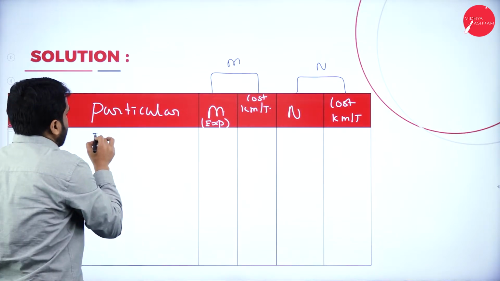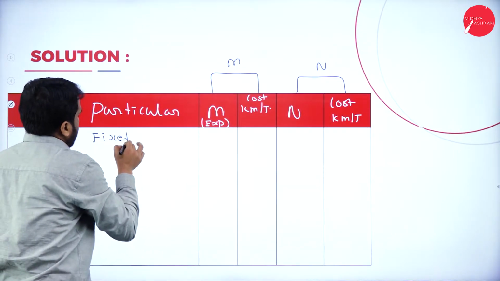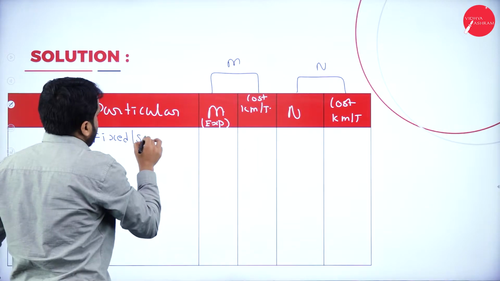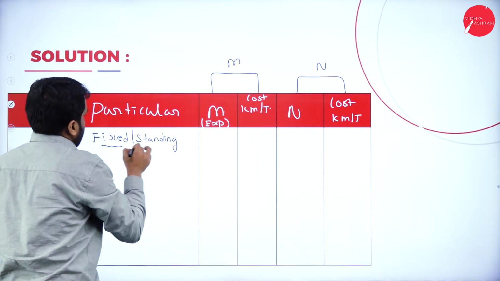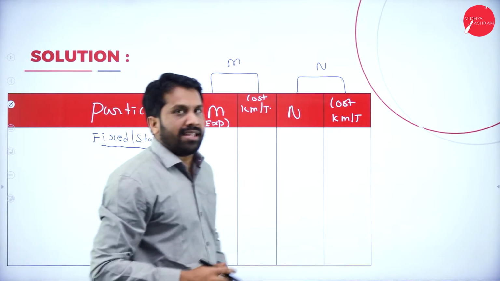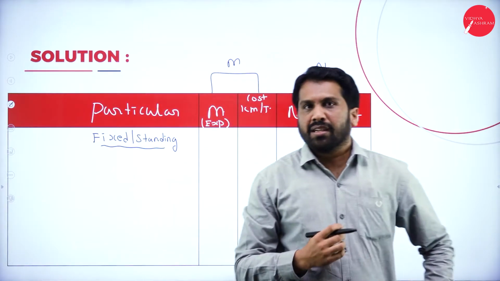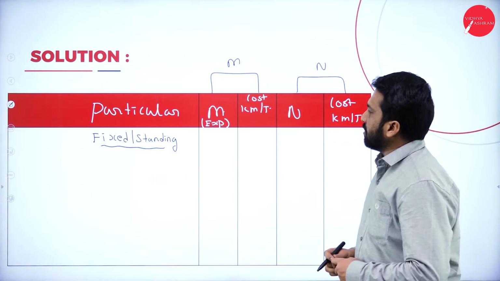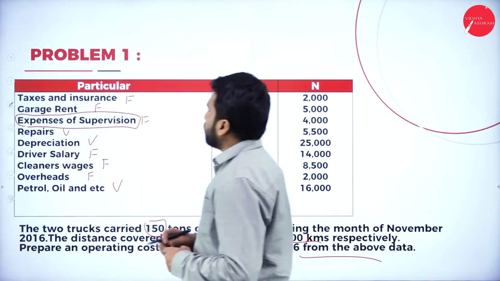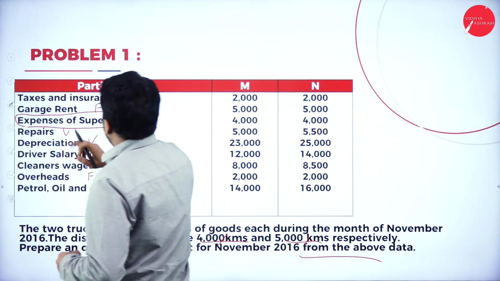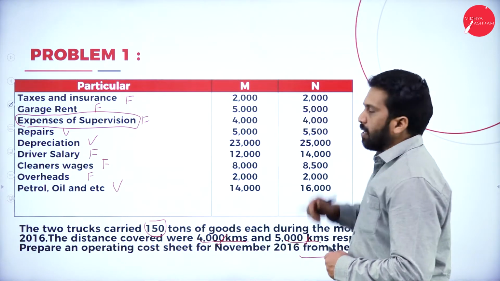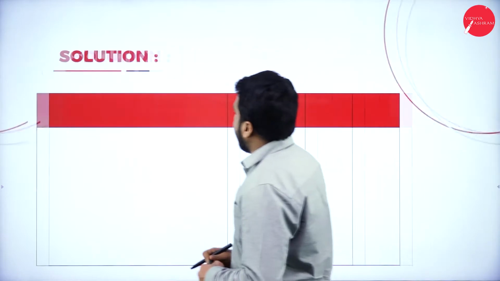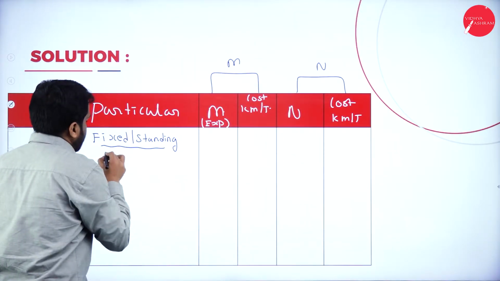Now, fixed costs, we call them standing expenses. What are the fixed expenses here? I'll go back. As per this, we have taxes and insurance, 2000 and 2000.